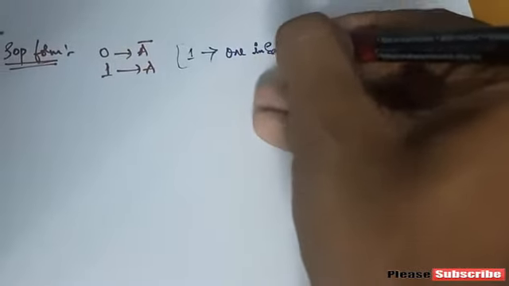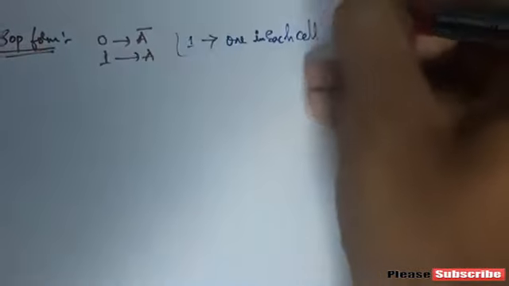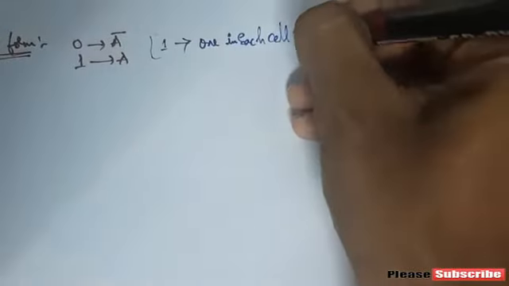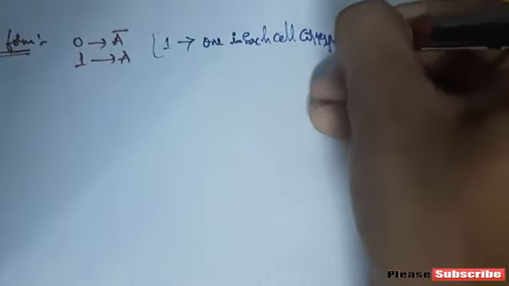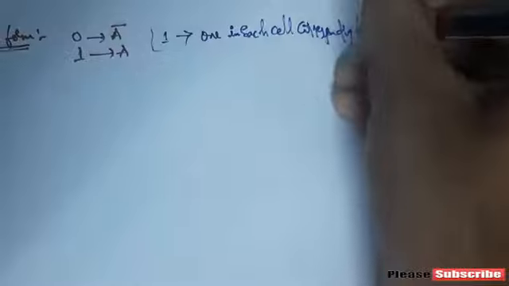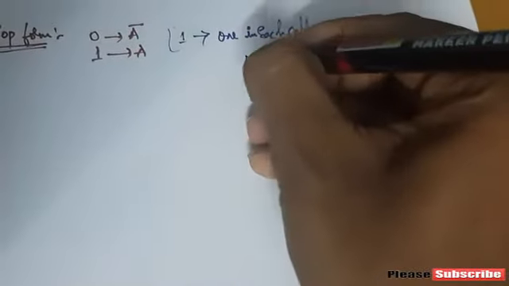In SOP form, I already told you 0 represents A bar and 1 represents A. That means we put a 1 in each cell corresponding to a min term.